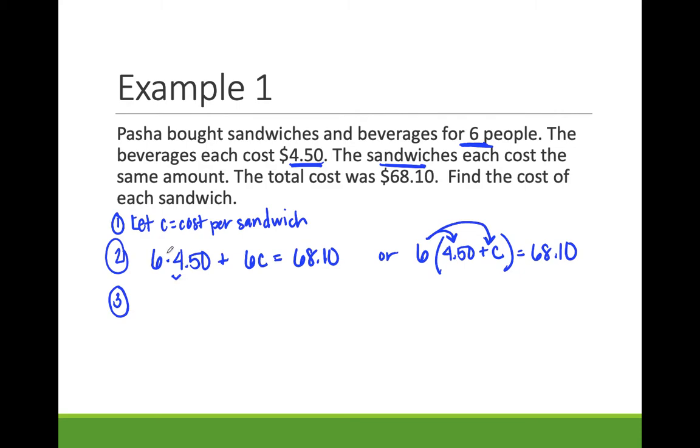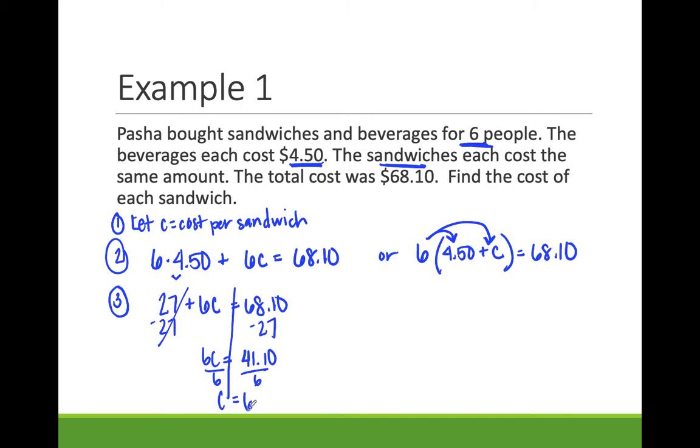So when you multiply 6 times 4.50, you get $27 plus 6C equals $68.10. And then if you finish solving from there, you subtract 27, you get 6C equals $41.10.